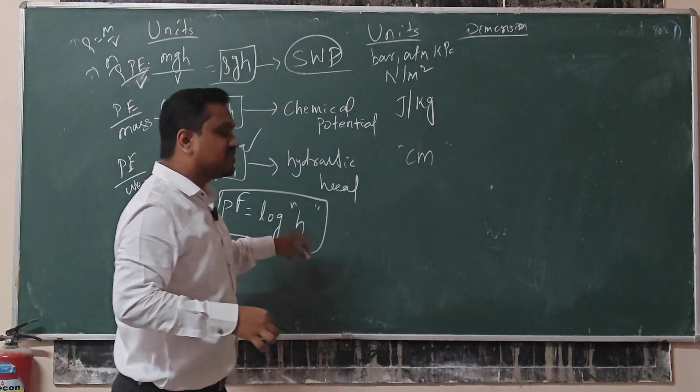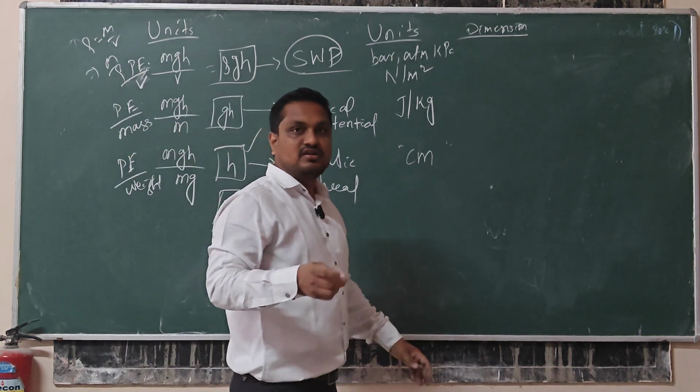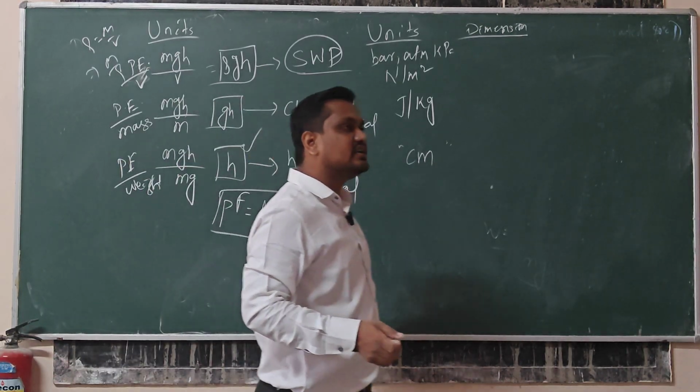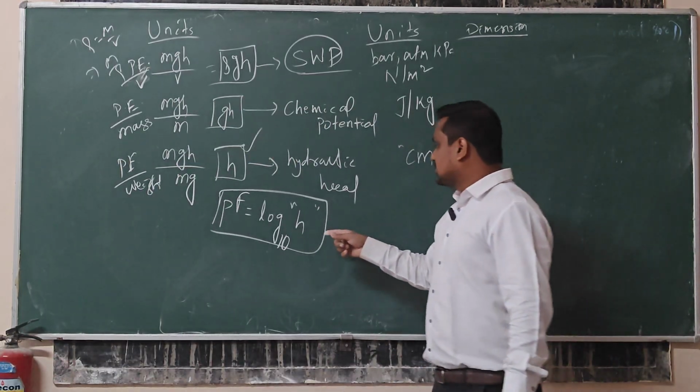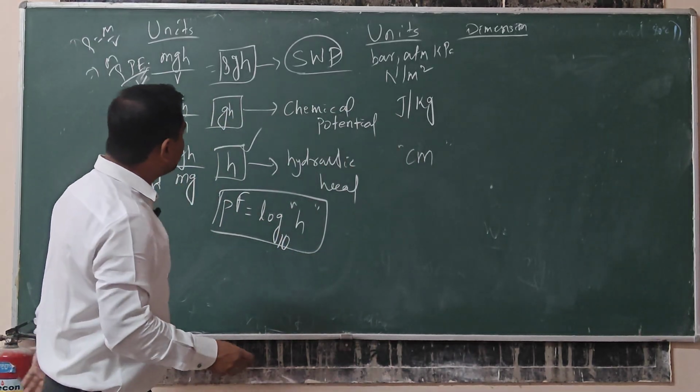If the value of your hydraulic head is 10, then the pF value will be 1. And here remember, this is base 10, which is sometimes not written. Okay, this is the pF value.